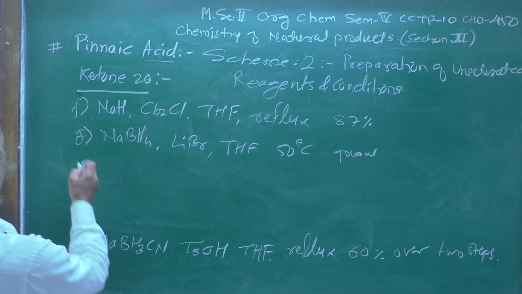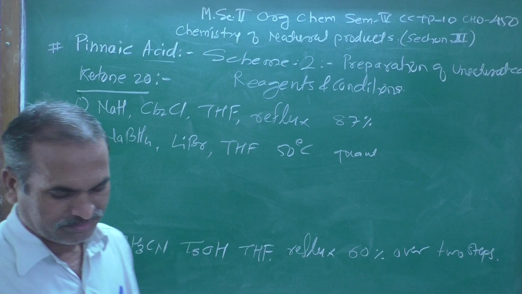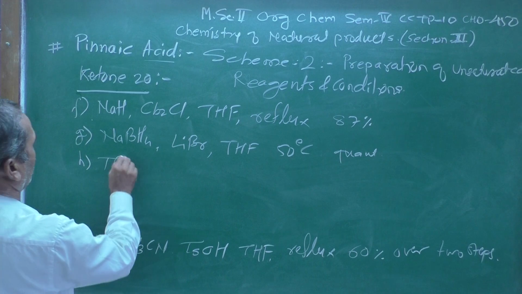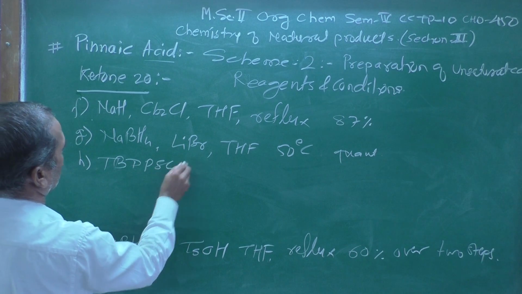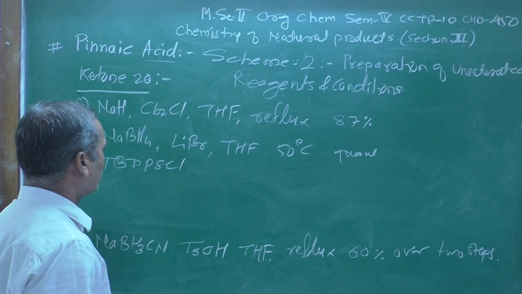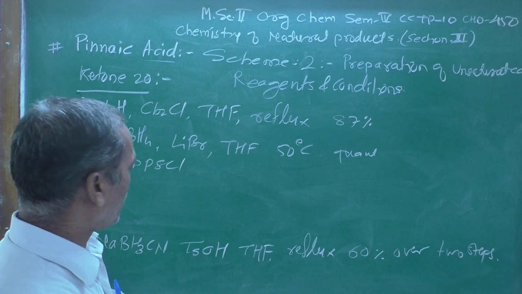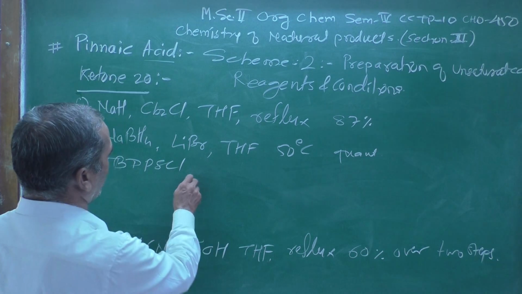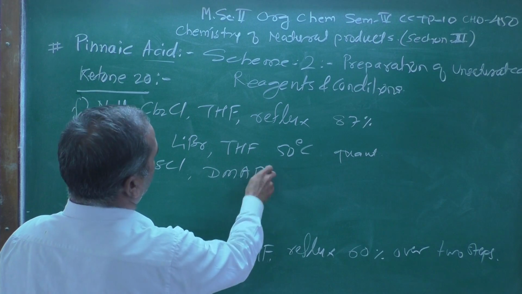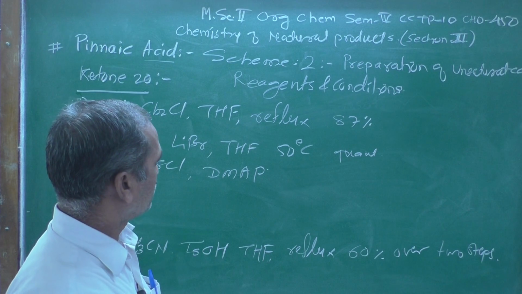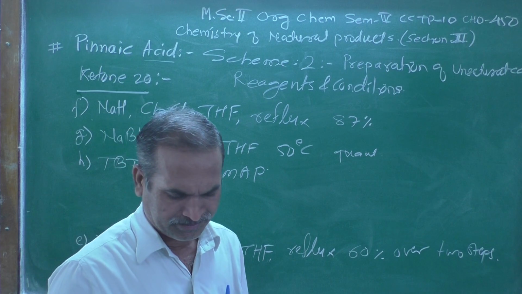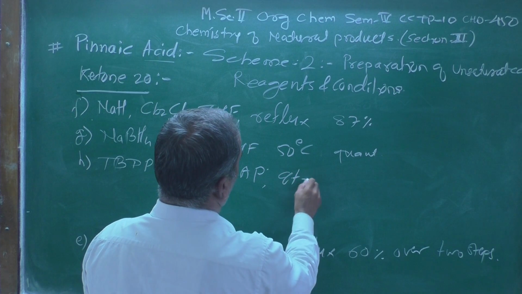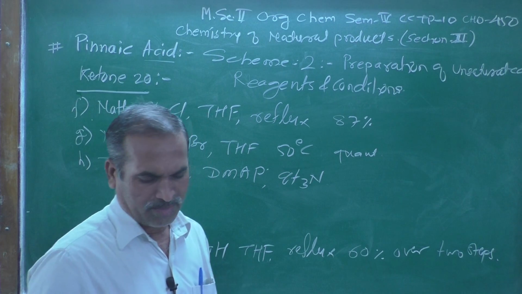Then the next reagent is H reagent, that is TBDPSCl, tertiary butyl diphenyl silyl chloride, followed by DMAP, in presence of Et3N, triethylamine.